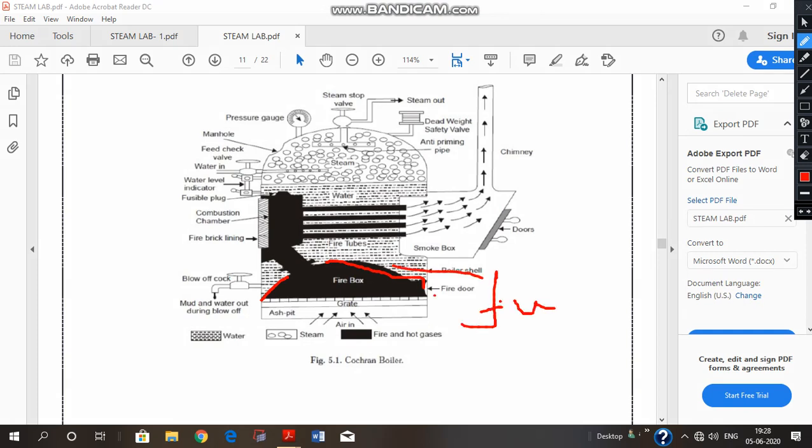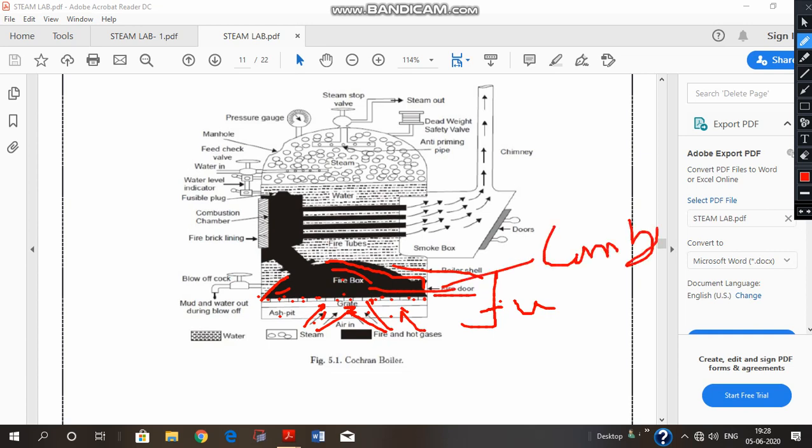We also have a fire door, and this is the ash pit for the collection of ashes. The coal and other combustible fuels are kept at the top of the grate, in the firebox, and this is the combustion chamber.